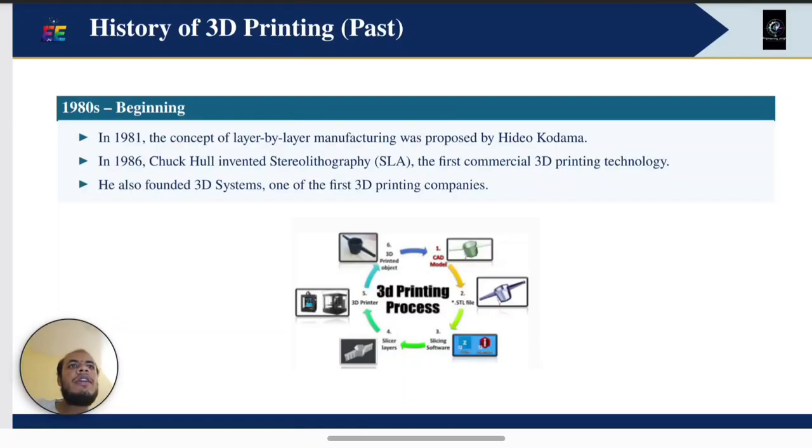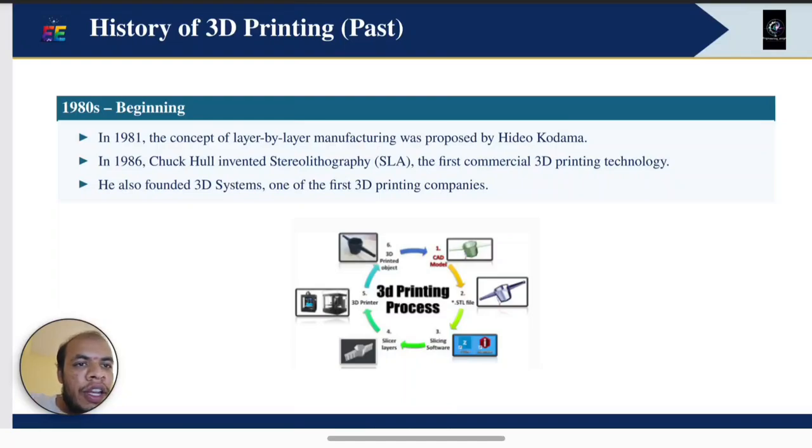A few years later, in 1986, Chuck Hall developed the first commercial 3D printing technology called stereolithography, also known as SLA. He also founded a company called 3D Systems. Because of his contribution, Chuck Hall is often called the father of 3D printing. This was the beginning of a revolutionary technology.